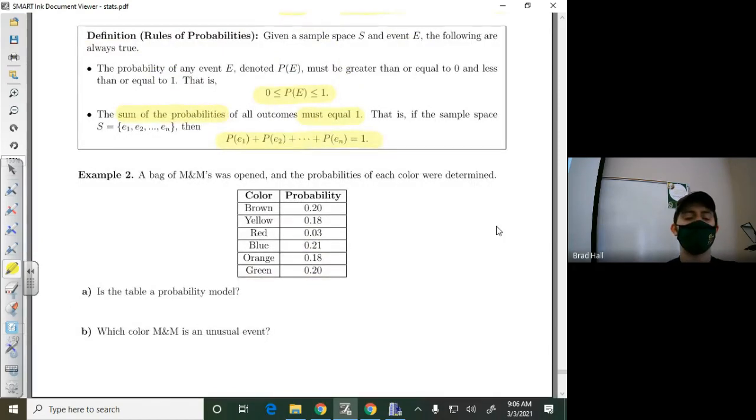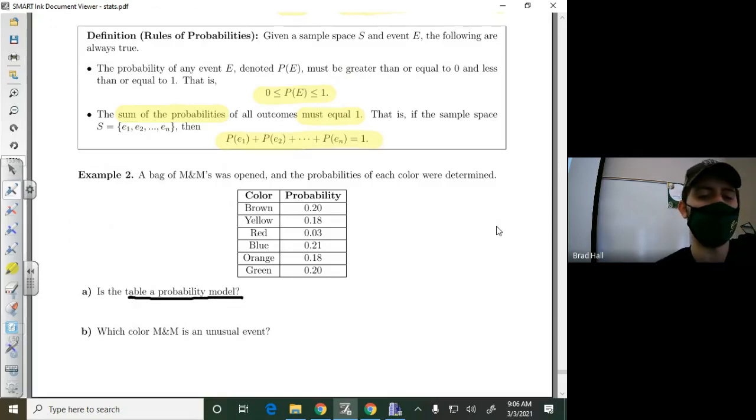Now I referenced the bag of M&Ms. So let's say a bag of M&Ms was opened, poured into a bowl, and the probabilities of each color were determined. So basically, they were seeing the relative frequency of each one of these colors to predict the probability. And so what they first ask is, is the table a probability model?